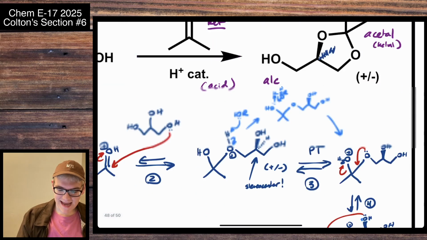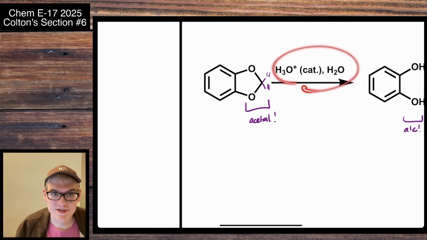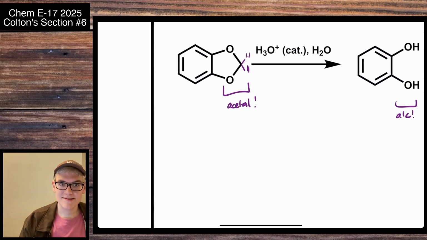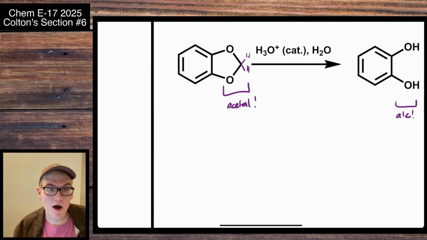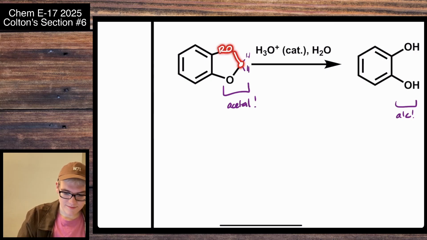So let's put that into action over here. If we have an acetal and we have H3O+, the only reaction we can do is acetal hydrolysis. So let's do that process and draw what our carbonyl and our alcohol should be. So first step, I locate the central carbon that's connected to 2 OR groups.